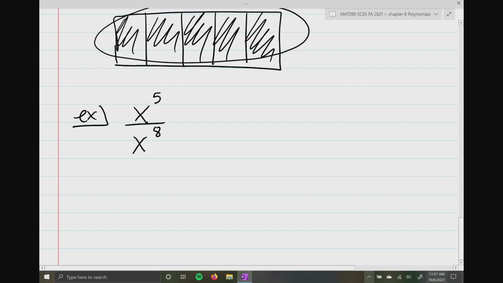Notice bases are the same. So I'm still going to go ahead and do my thing, which is the quotient rule. However, Austin, what's 5 minus 8? -3. And here's where we run into the last rule.